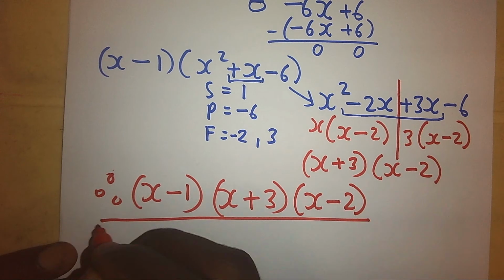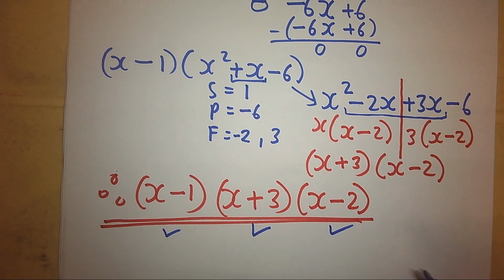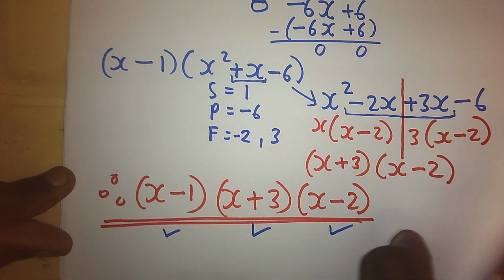Remember, this was cubic expression. So when I factorize cubic expression, I have to get three factors. 1, 2, and 3. As you know, when we are factorizing quadratic expression, we get two factors. Now we have factorized cubic expression and we have got three factors.